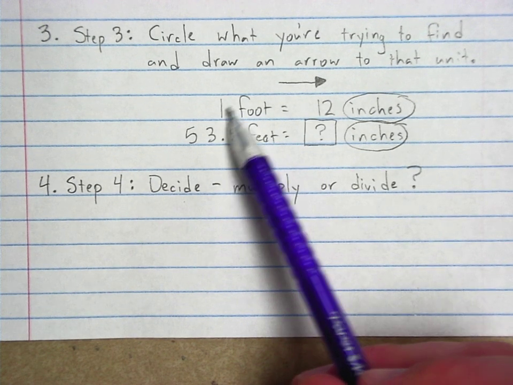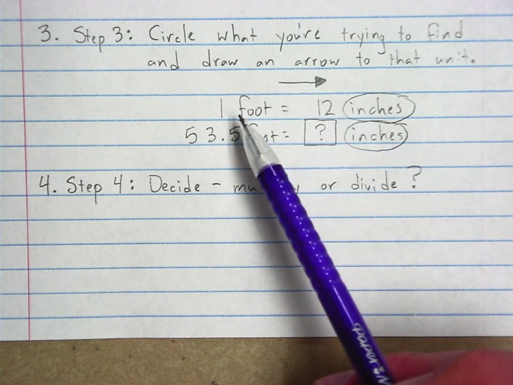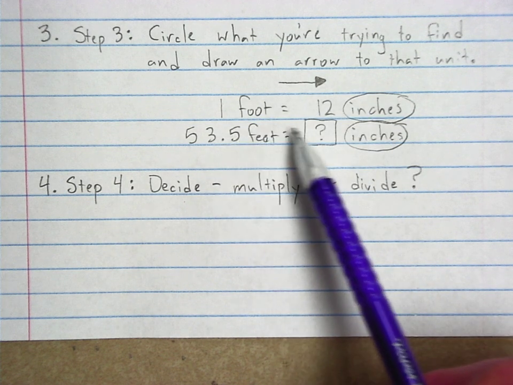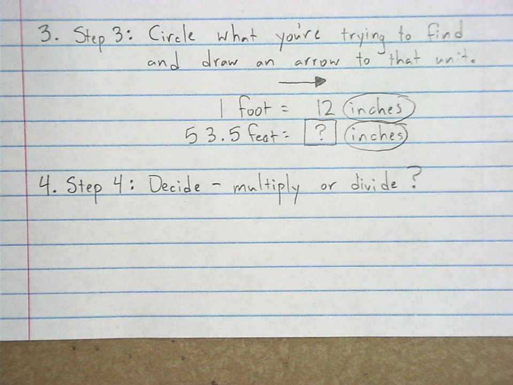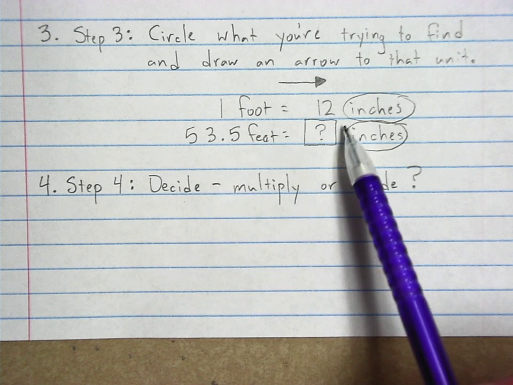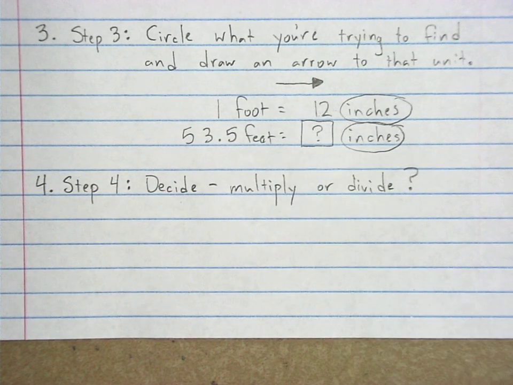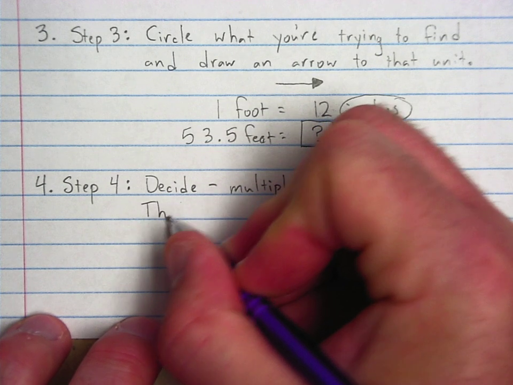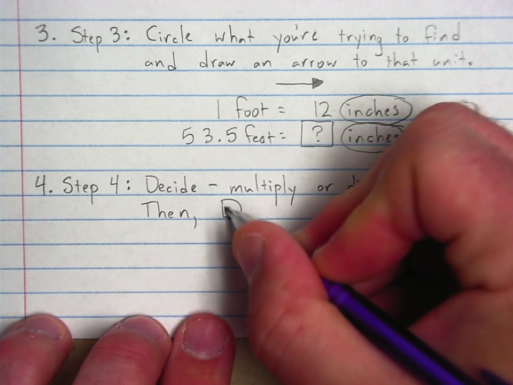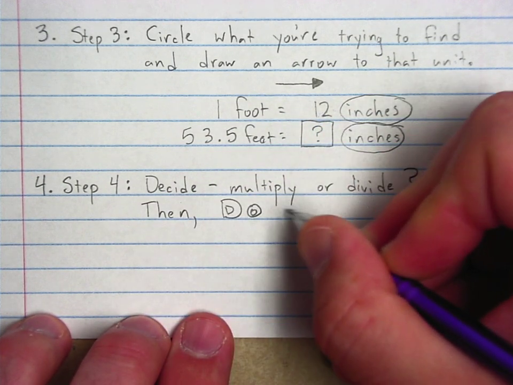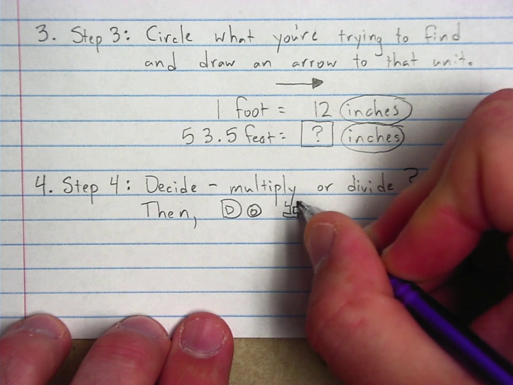By deciding from here to here I multiply, that means from here to here I have to multiply. Okay? Multiply by what? Whatever that number is above it. So, step 4, decide, multiply or divide, then do it. Okay.